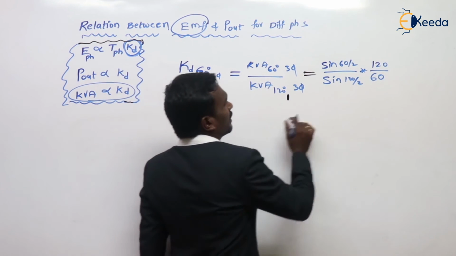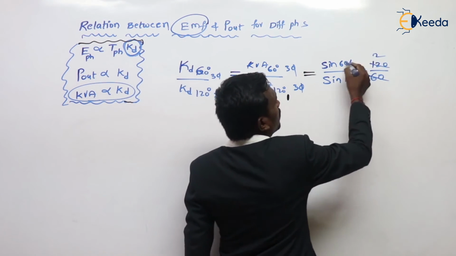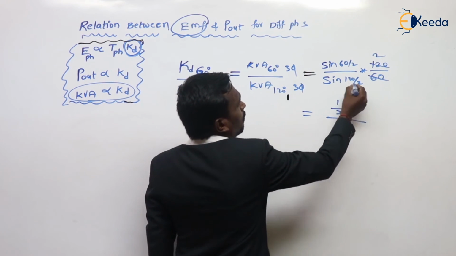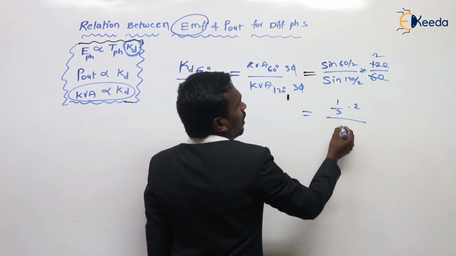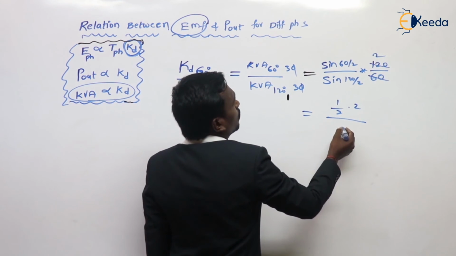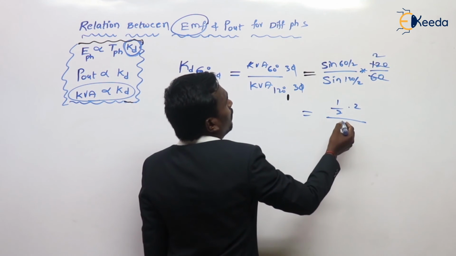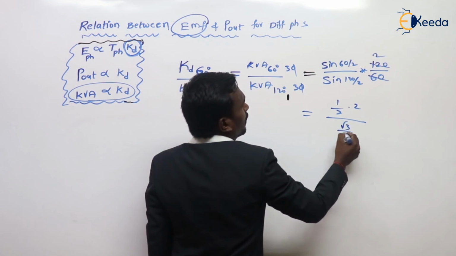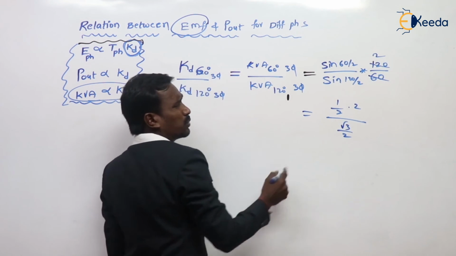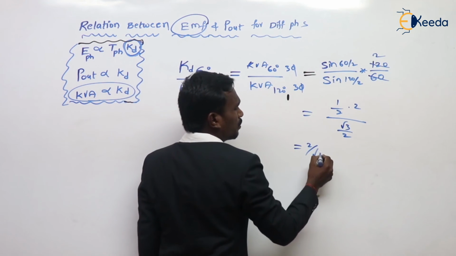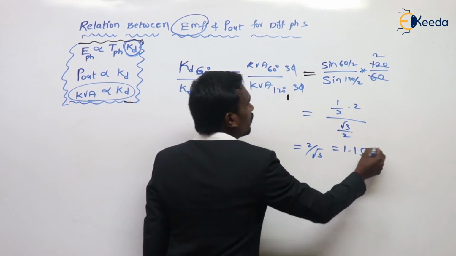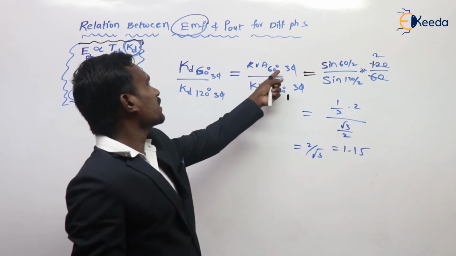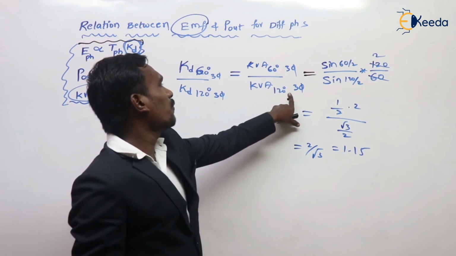If you calculate this, how much? Sine 30 is 1 by 2, and 2 upon sine 60. Sine 60 is root 3 by 2. So the answer is 2 by root 3, which is nothing but 1.15. This is the value of KVA 60 upon KVA 120 for 3-phase.